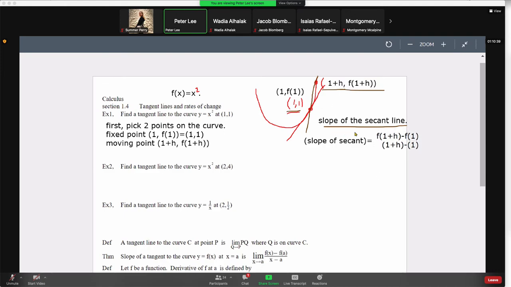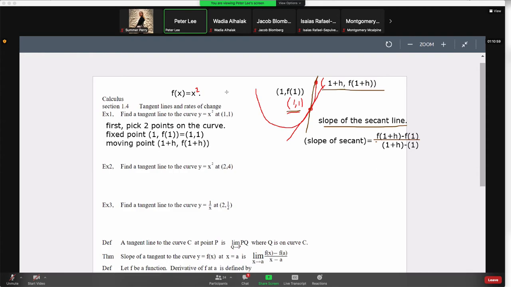So the slope of the secant line is this right here. This is not the secant line itself. This is the slope of the secant.